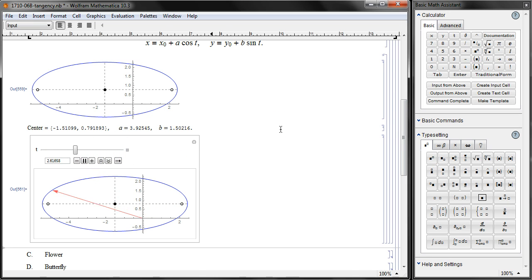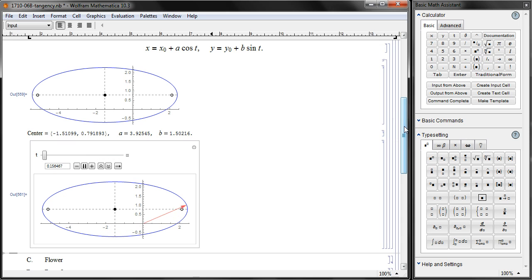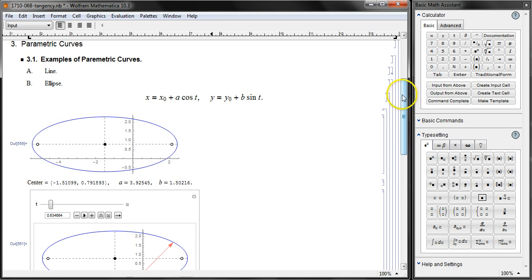You see, as time changes, the position of x of t and y of t moves around, and that position is the tip of this arrow. We have sine and cosine, both are periodic, and that's why we have a closed curve. See, the trace of the moving particle, x of t comma y of t, turns out to be the curve. And that's how the parametric curve arises actually.